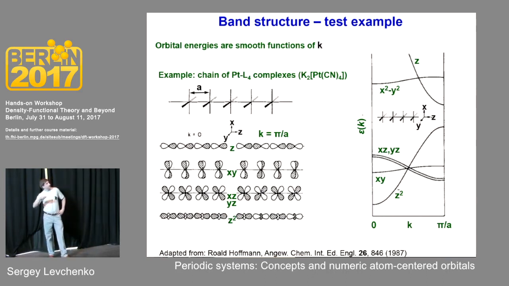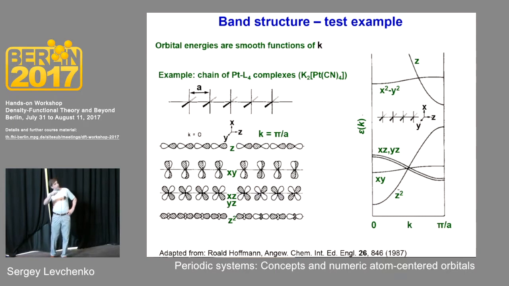If we look at the d orbitals, for example, let's consider a d_z² orbital. This is its shape, so it's extended in the z direction. In the case of k equals 0, we have a full bonding overlap, right? So we have some energy at k equals 0. But at k equals π/a, we have a completely antibonding orbital.